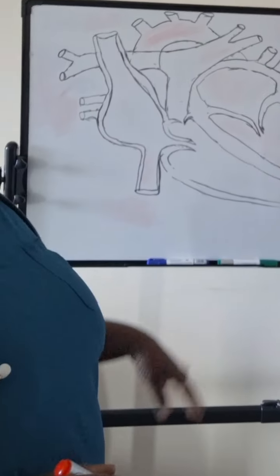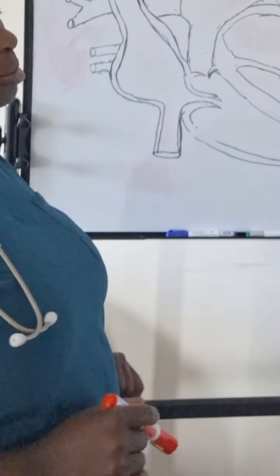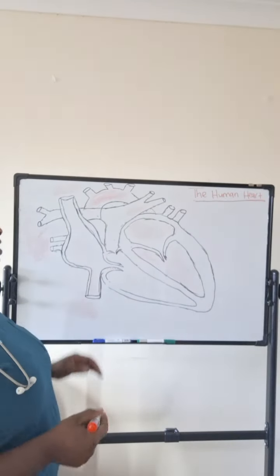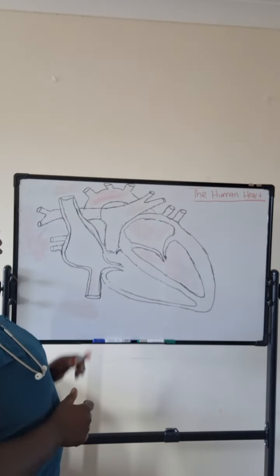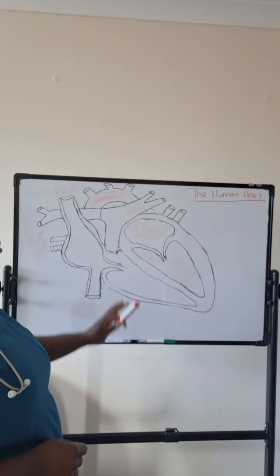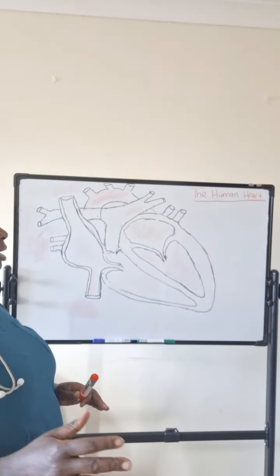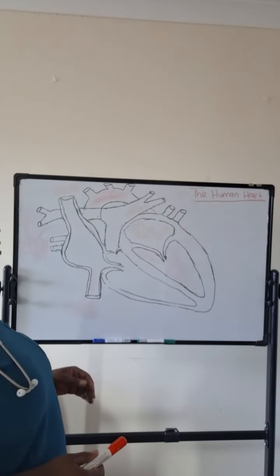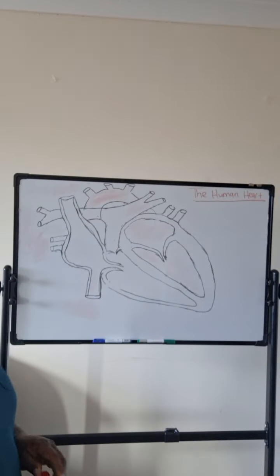I'm not very artistic, so bear with me. I've tried my best to bring that diagram. I'm now going to take you through the diagram and tell you which part, so that as we go further with other lessons of the heart, you will know what I'm talking about.